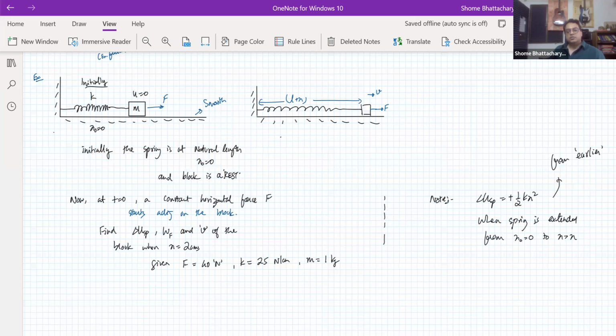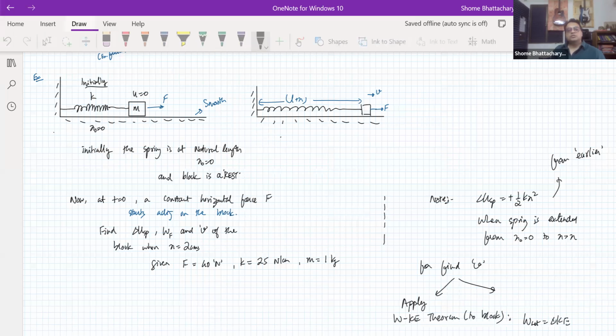But to find v, we have two options. We can apply the work kinetic energy theorem to the block. That is, the net work done is equal to the change in kinetic energy.